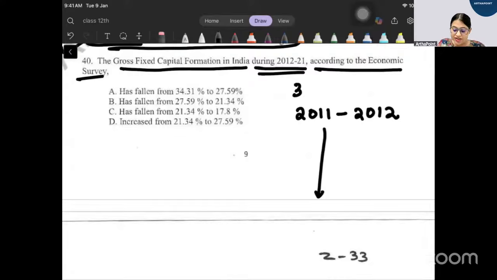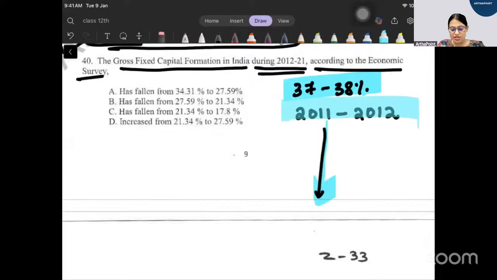The highest savings and investment that we ever saw was approximately 37 to 38% in India, and then it started falling, it started decreasing. 2011-12 was a very good era for India, but post that it slowly started decreasing. So the correct answer to question number 40 is A. This is good important information which all of you can keep in mind, that it went from a very high value to about 27%. Okay, come to the next question.